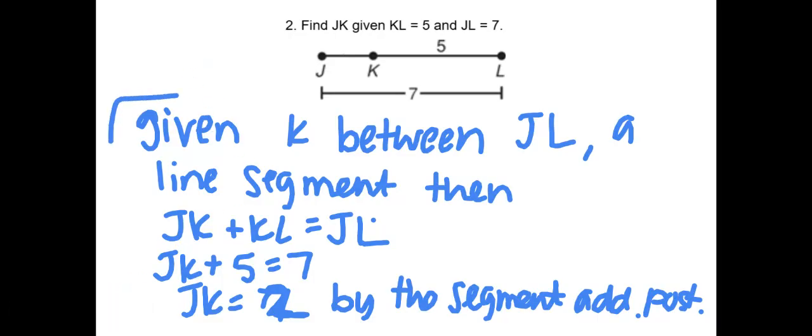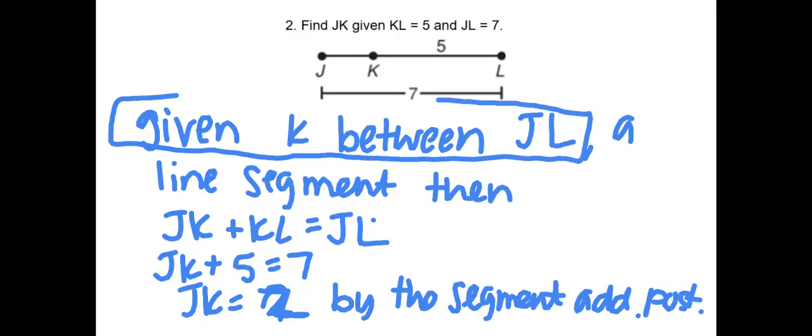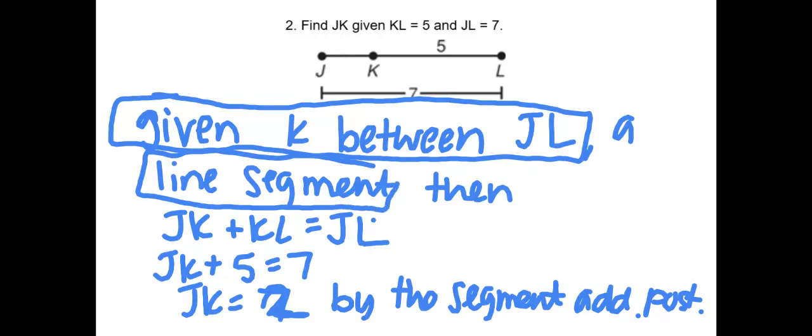Some things I want to highlight here. I said given K between JL. This is what says that I can use that segment addition postulate. Given that we are a line segment also is necessary in order for us to use that segment addition postulate. So both of those things are required to be stated for us to use the segment addition postulate.